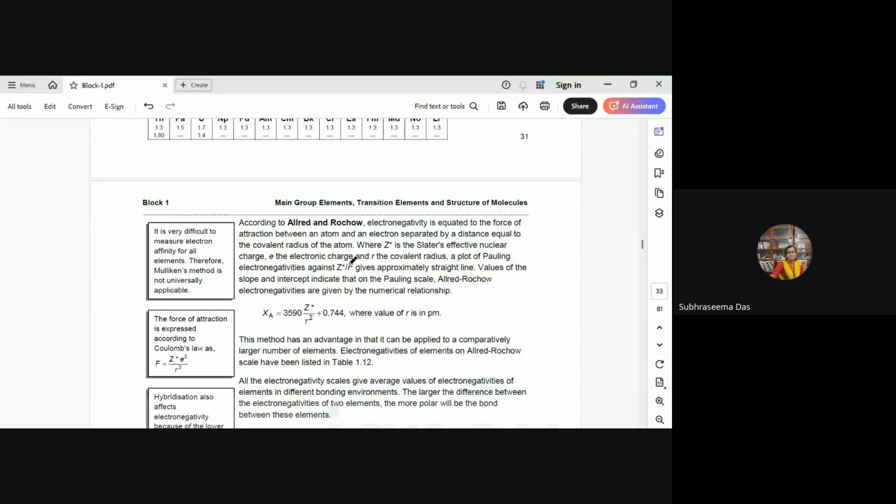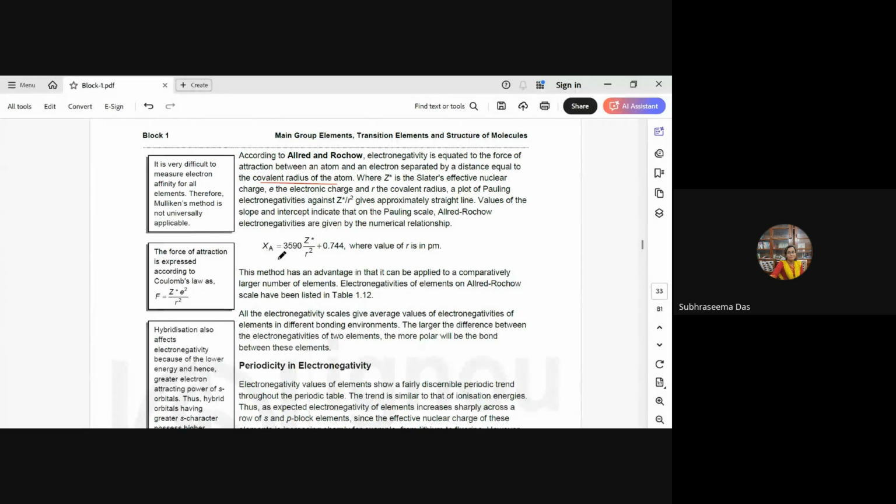Then an improved formula was provided by Allred and Rochow. Both these scientists gave us that electronegativity can be equated to the force of attraction between an electron and an atom separated by a distance equal to the covalent radius. The numerical relationship is given as chi of A equals 3590 Z star, that is the effective nuclear charge, divided by r squared, that is the covalent radius squared, plus 0.744.